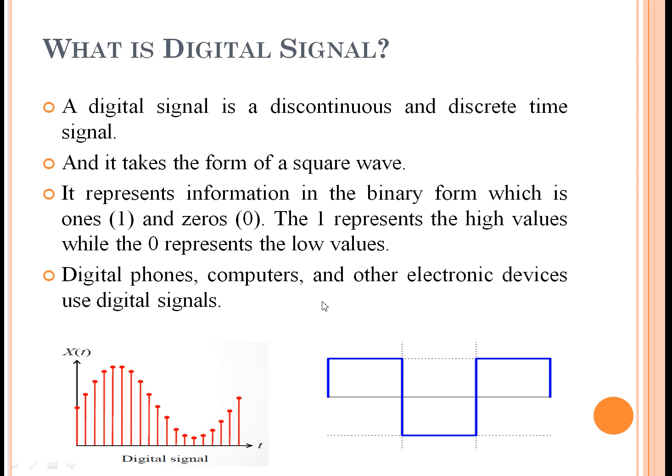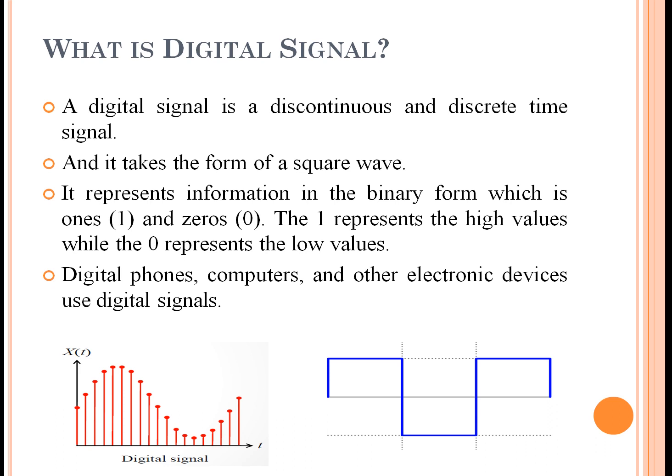Digital phones, computers and other electronic devices use these digital signals. And this is the representation of a digital signal. And if we consider the digital signal, it has some advantages over the analog signal.